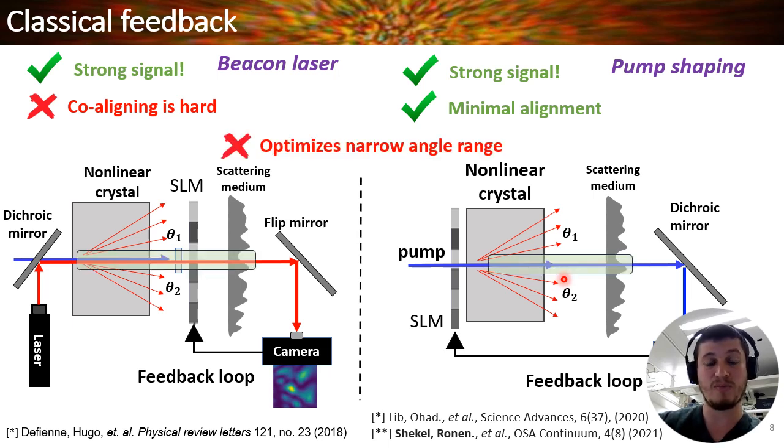The problem with both of these methods, however, is that they optimize only a very narrow range of angles around the optical axis. This angle range is actually defined by the thickness of the diffuser, so both of these methods work well only for thin diffusers.